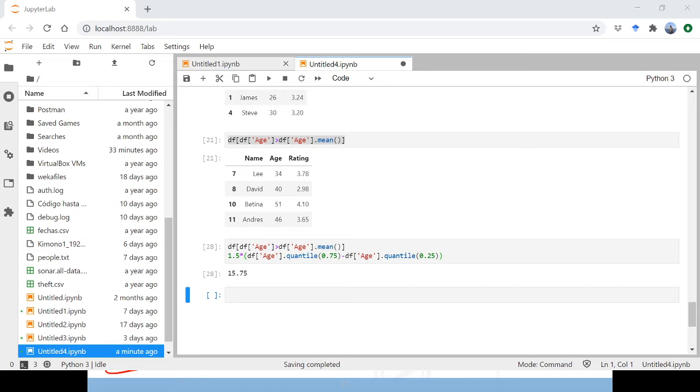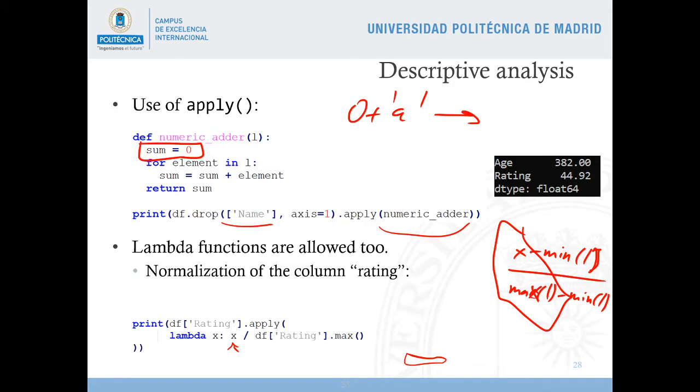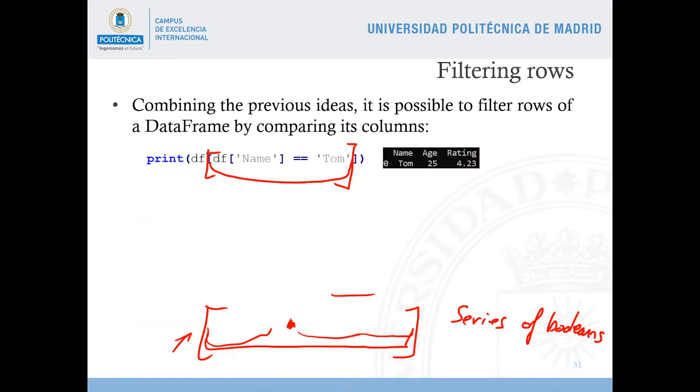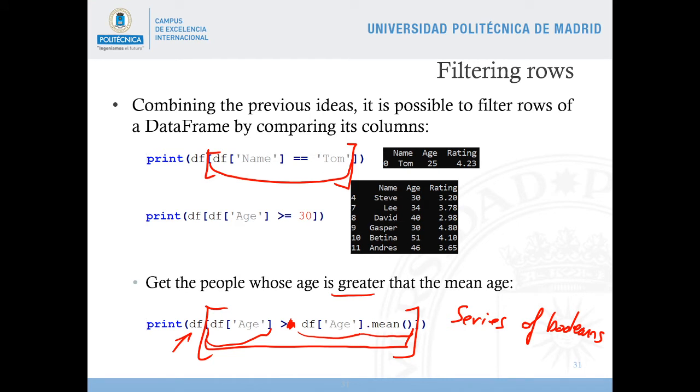The outliers or the atypical points, considering the interquartile range, are those which are greater than the third quartile plus 1.5 times the interquartile range.